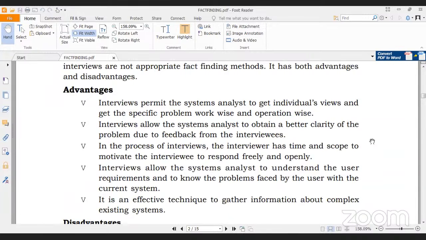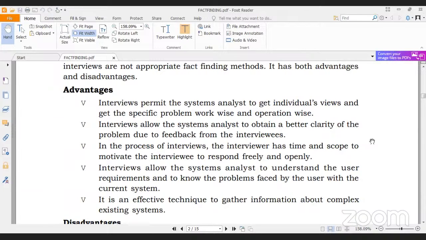So there are certain advantages and disadvantages. The advantages will be, there will be a physical interview, so it will be better to study the body language. So it is an effective technique to gather information about a complex existing system. The interviews allow the systems analyst to obtain better clarity of the problem due to feedback from the interviewees.